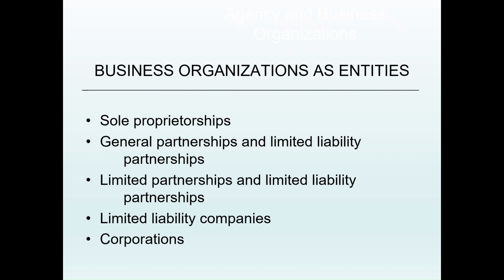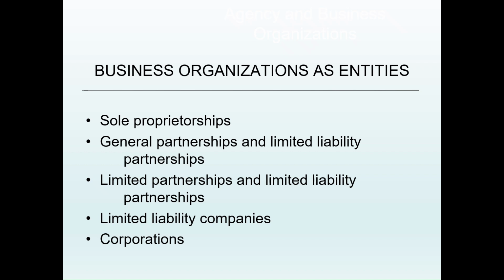So we're going to go in another lecture more into the types of business organizations as entities. But we'll look now at this in relation to agency and business organizations in general. So a sole proprietor may hire employees to serve as agents. And in a partnership, partners act as agents for the partnership and for each other.